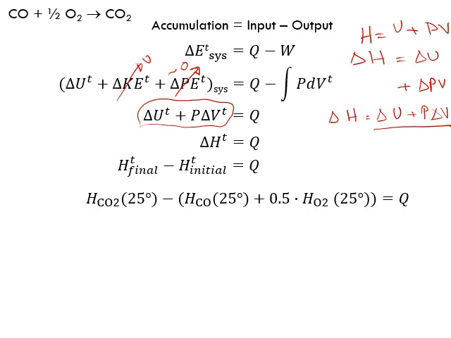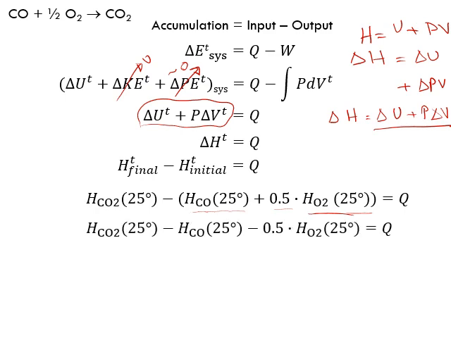Tamam. And initially, what did we have initially? We had 1 mole of CO at 25, so this is initially, and also we had half mole of oxygen, so plus 0.5 O2, also evaluated at 25 degrees C, right? Okay, if you multiply the negative inside, you'll get this equation.